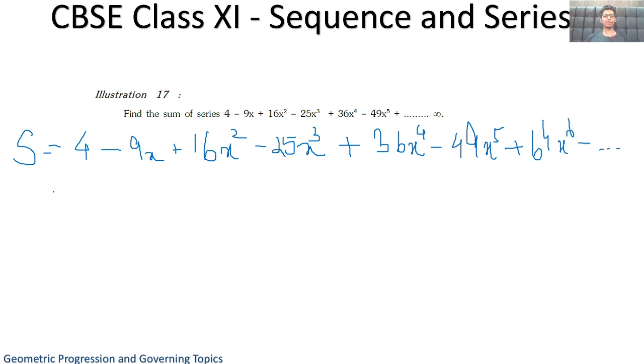Now we got that r, the common factor, has a value of minus x. That's what we have achieved so far.